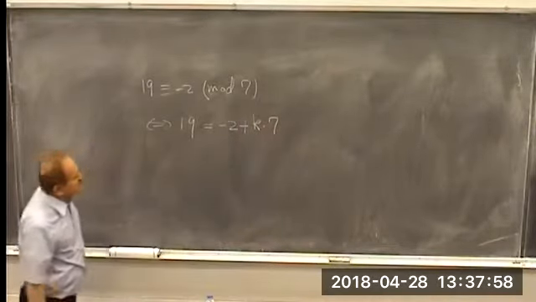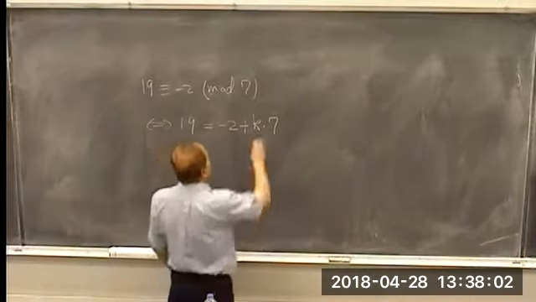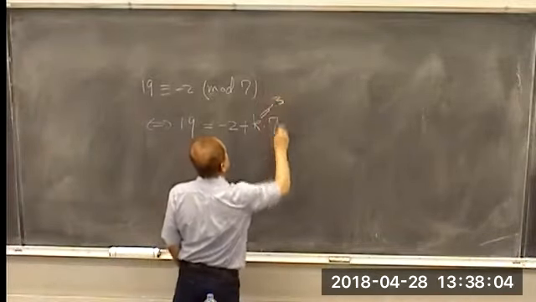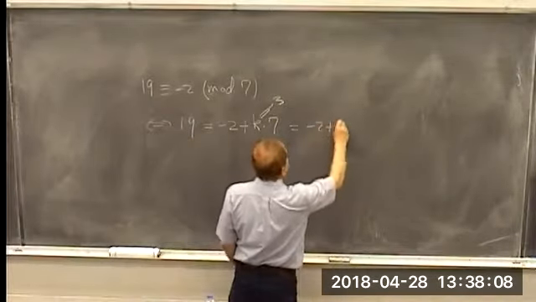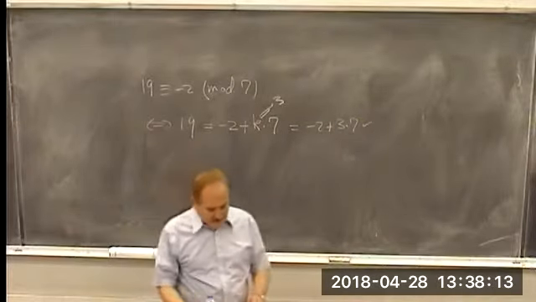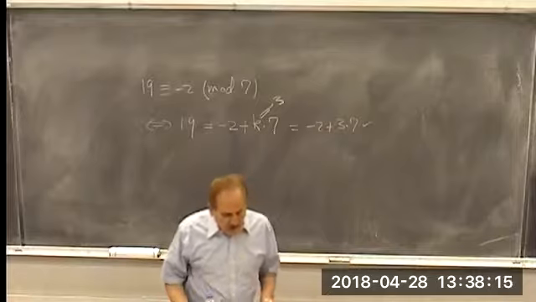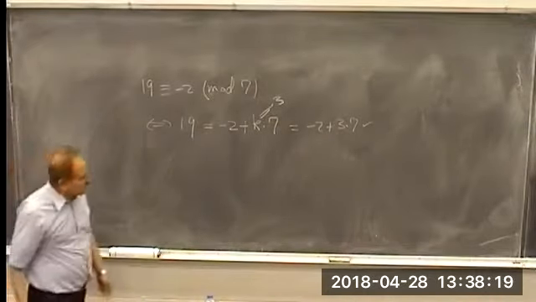And of course, in this case, the K that works is 3. So we're saying negative 2 plus 3 times 7, which is a correct statement.